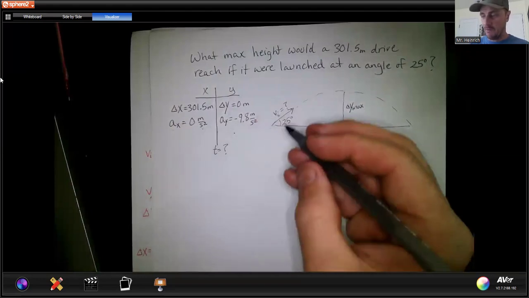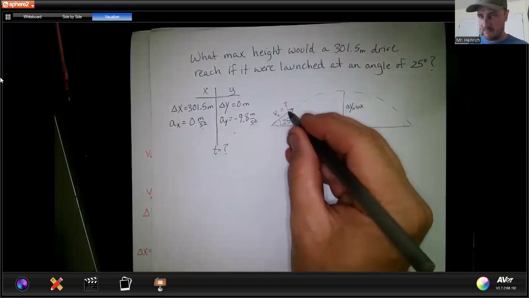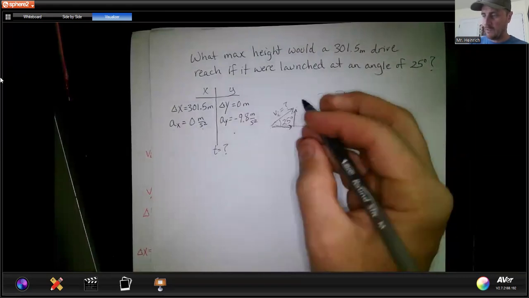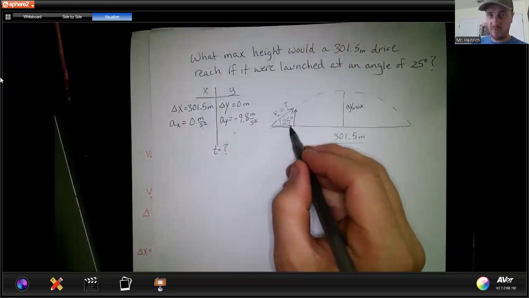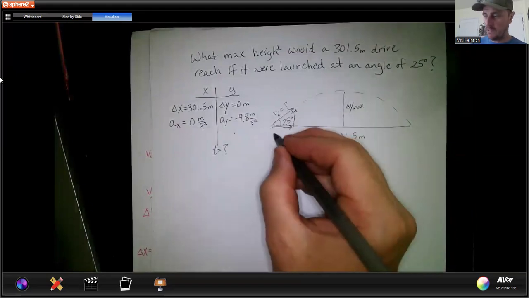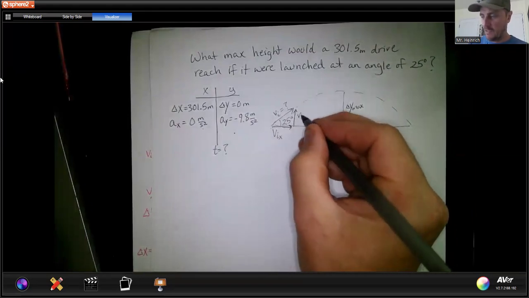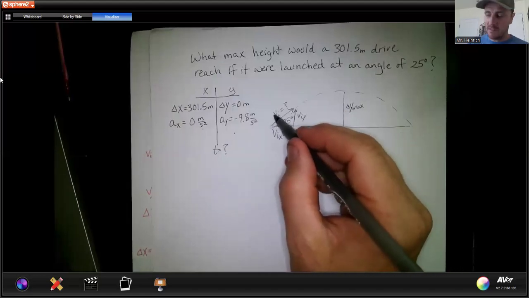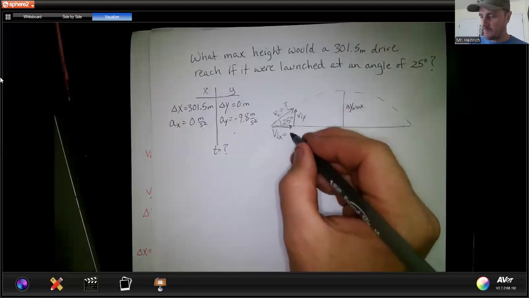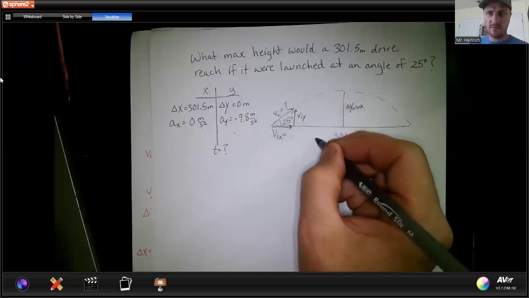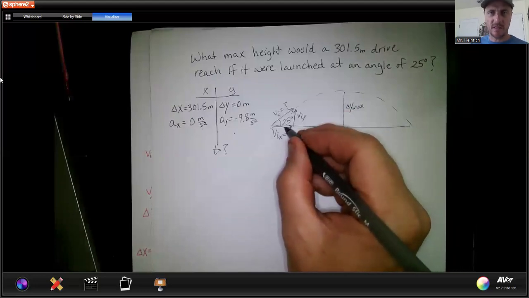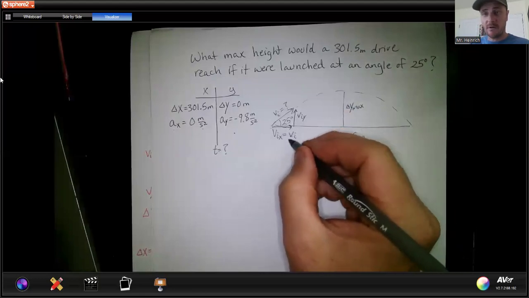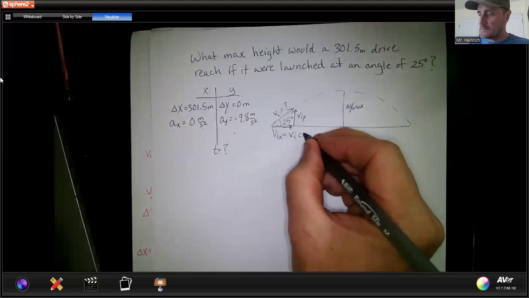So let's keep going. Well, we don't know VI. However, we still know that even though we're not aware of the value, VI is made up of both an X component and a Y component of velocity that we will call VIX and VIY. Now, let's say this was the number 20. Let's say it was launched at 20 meters per second. We would just put 20 times the cosine of 25 because we know we're dealing with the adjacent side, and so we use the cosine function. However, I don't know that it's 20, so I have to generically write VI times the cosine.